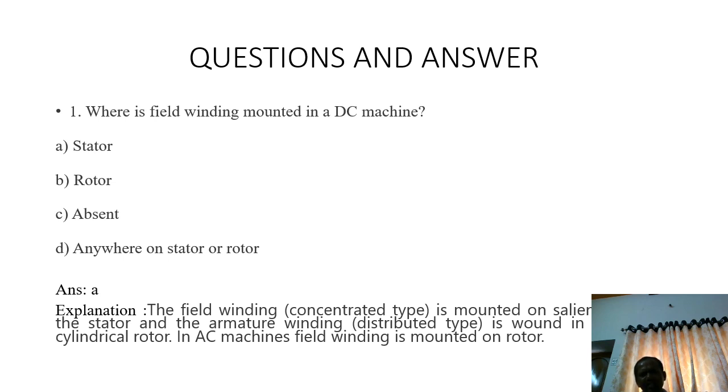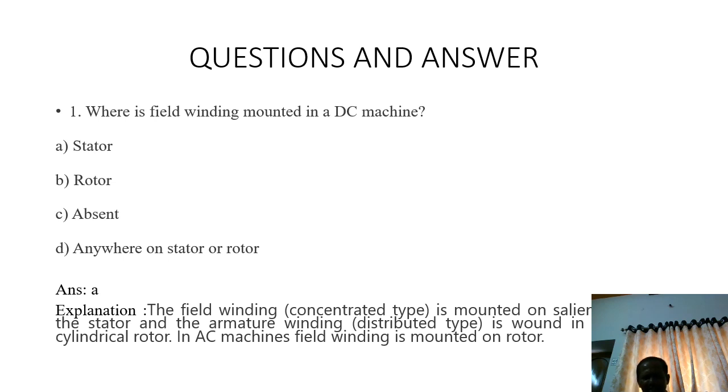We have seen in the construction of the DC generator that the uppermost part, which has high mechanical strength and protects the machine, is the yoke. Inside the yoke are the poles. On the pole there is a field winding. On the surface of the pole, the pole shoe is fastened with a bolt.